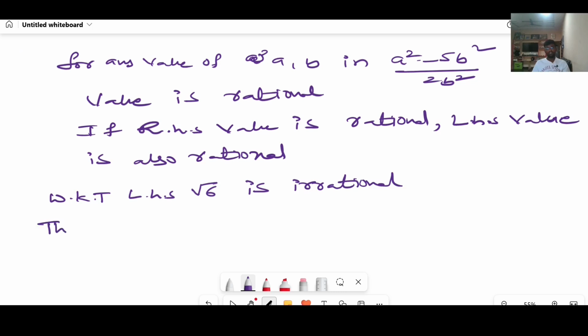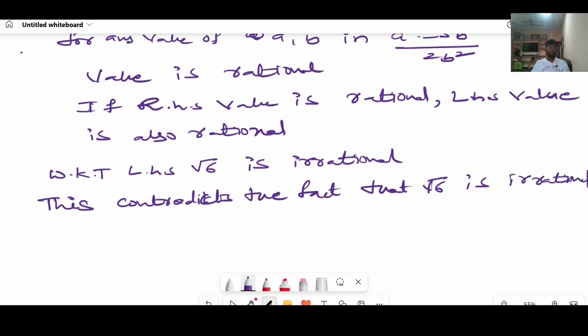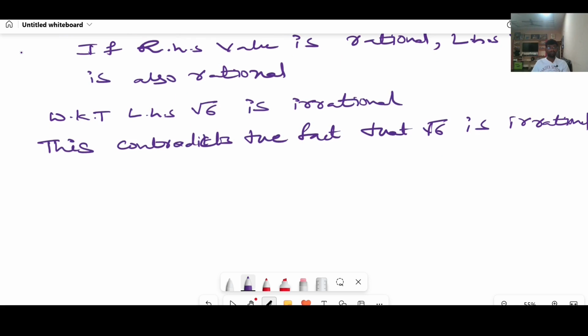This contradicts the fact. It is the opposite of the fact that root 6 is irrational. Why has this contradiction arisen?